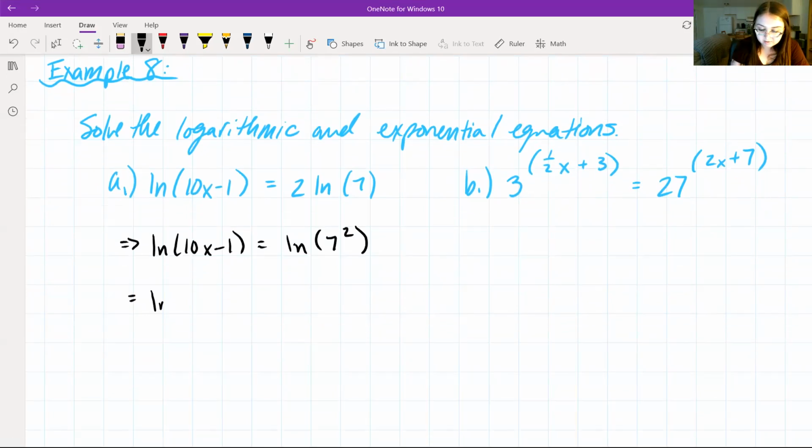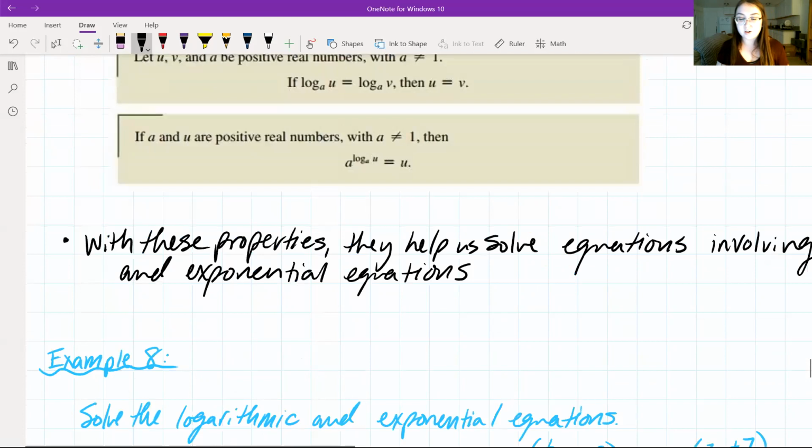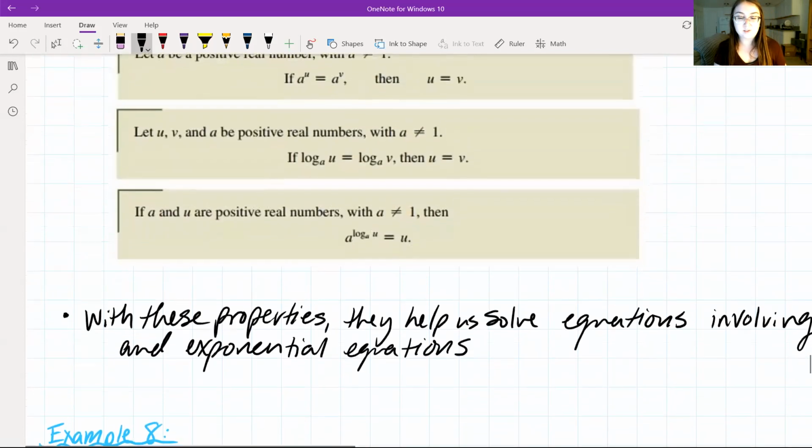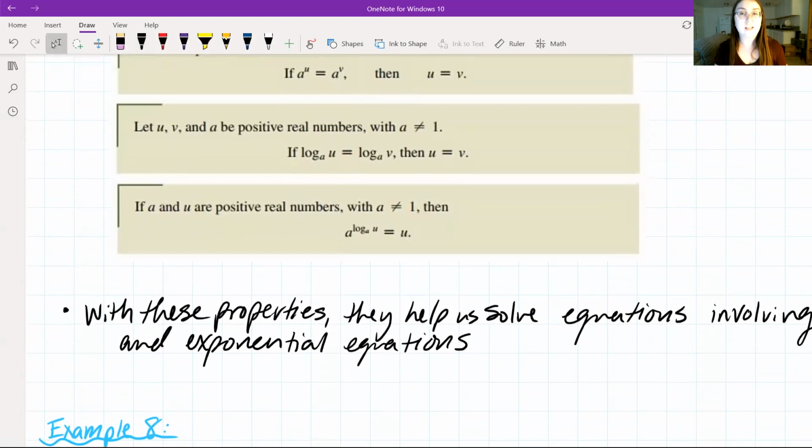So now we have the natural log of 10x minus 1 is equal to the natural log of 49, because that's 7 squared. So now we have the natural log of a term equal to the natural log of another term. Or in other words, the natural log of u is equal to the natural log of v, so we can just set u equal to v.